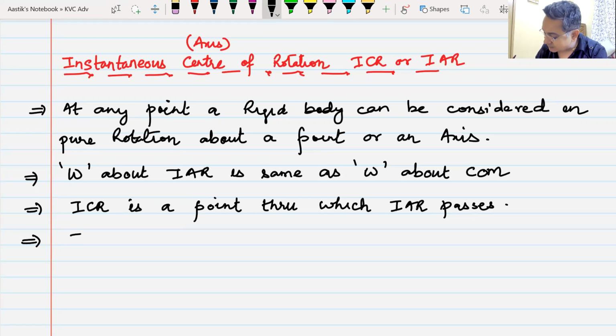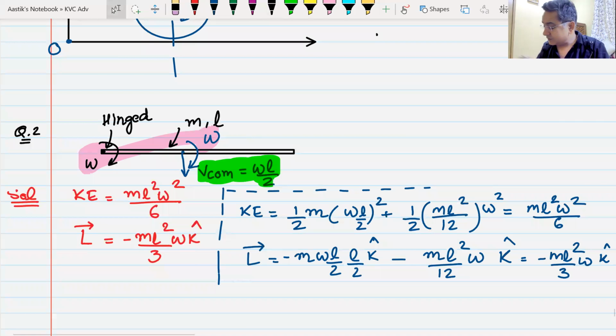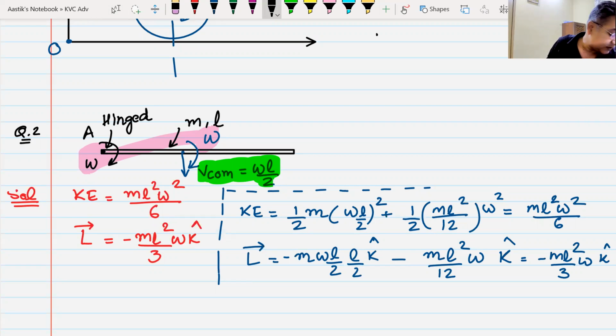Remember, this ICR is a point which has zero velocity. It is not moving. As you can see, this is a point with zero velocity. As you can see here also, when we had taken the rotation, this point A was the ICR. This point A had zero velocity. Do we understand this? Yes.